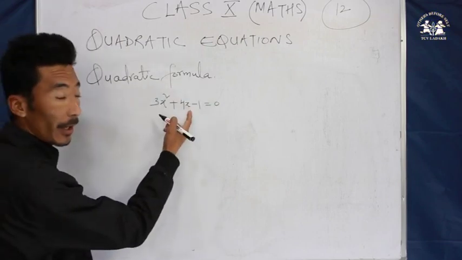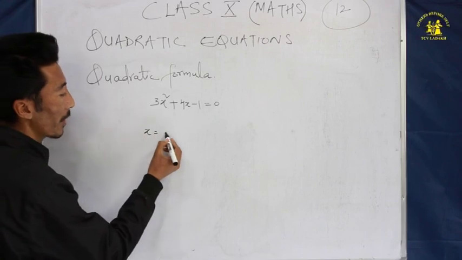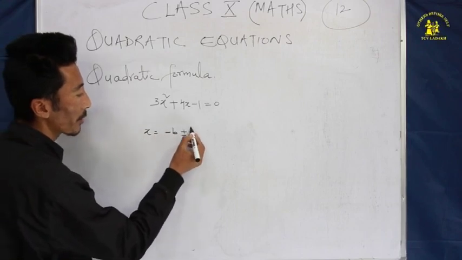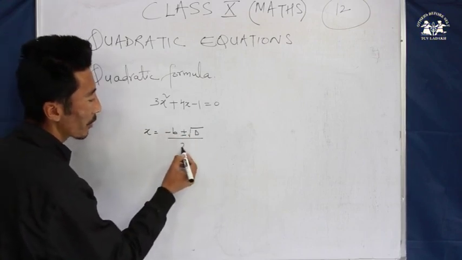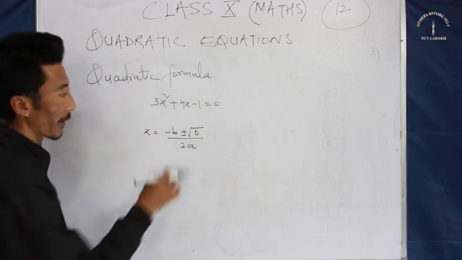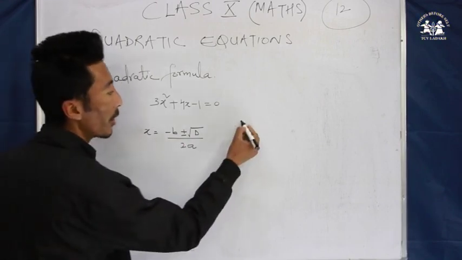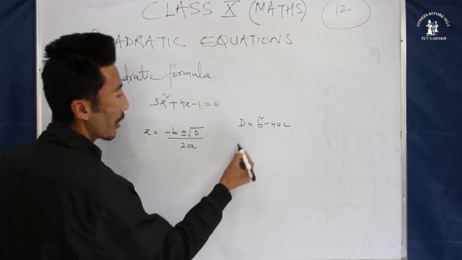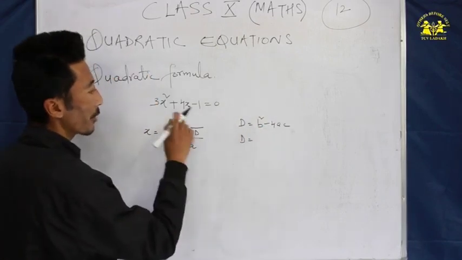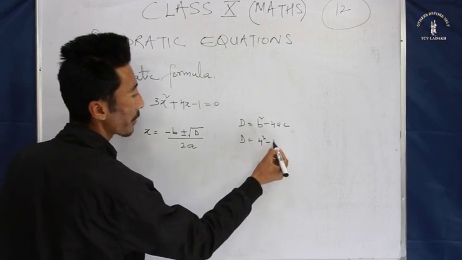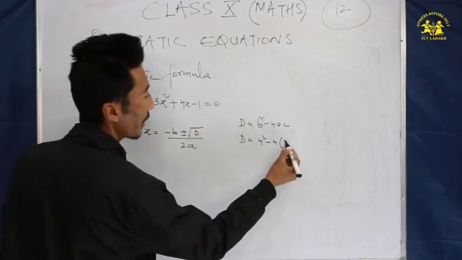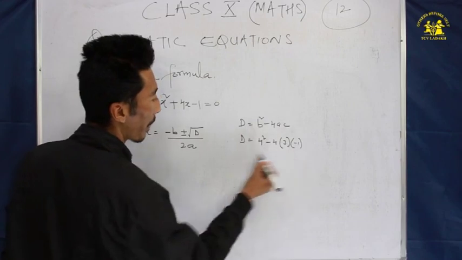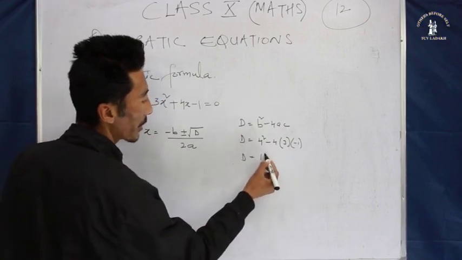The variable is x, so x equals minus b plus and minus root D divided by 2a. This formula, D, is equals to b squared minus 4ac. So D equals 4 squared minus 4 times 3 times minus 1.